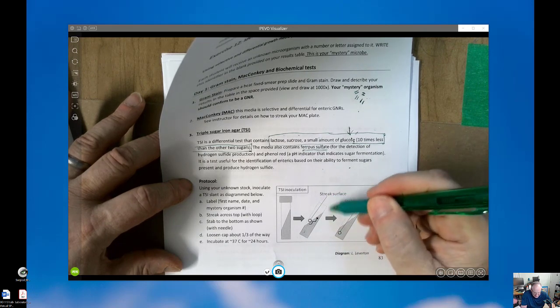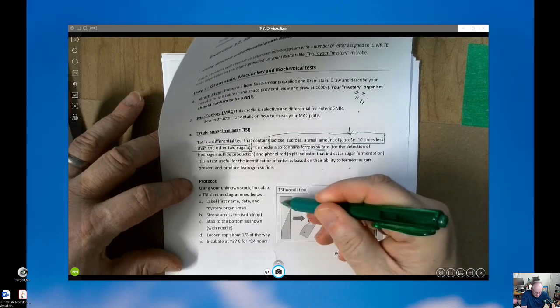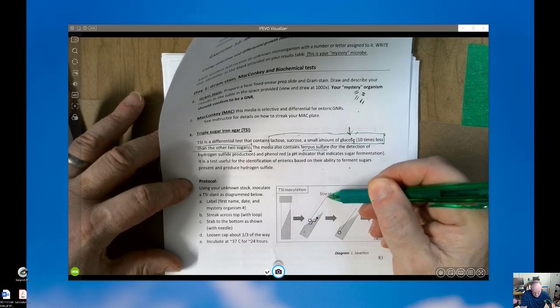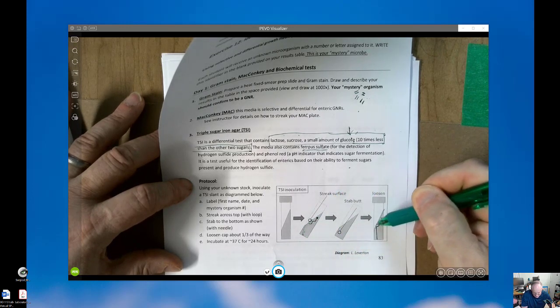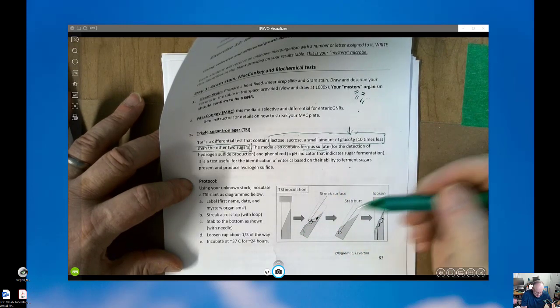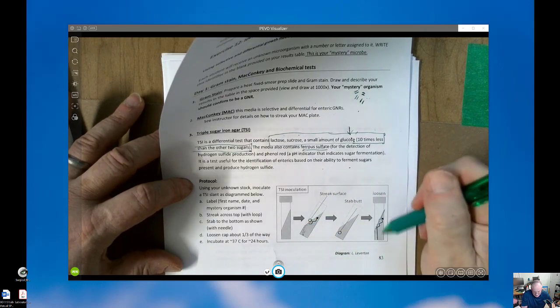They show it as streaking and then stabbing, but no, you flame the top after you've prepared your loop and gotten your sample. You stab it, bring it out, and then you roll up the side with your loop. It's just one kind of streak, and then you come up and streak.